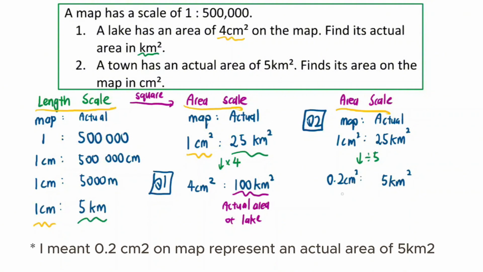So what this means is that an area of 0.2 cm square on the map represents an actual area of 5 km square. Therefore, this 0.2 cm square is the answer for question 2. That's the area of the town on the map.